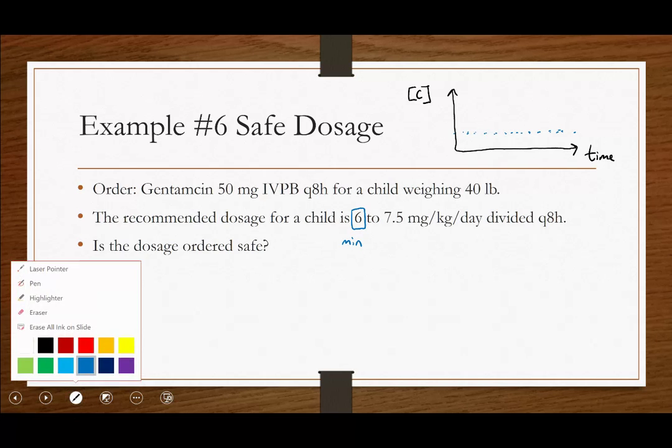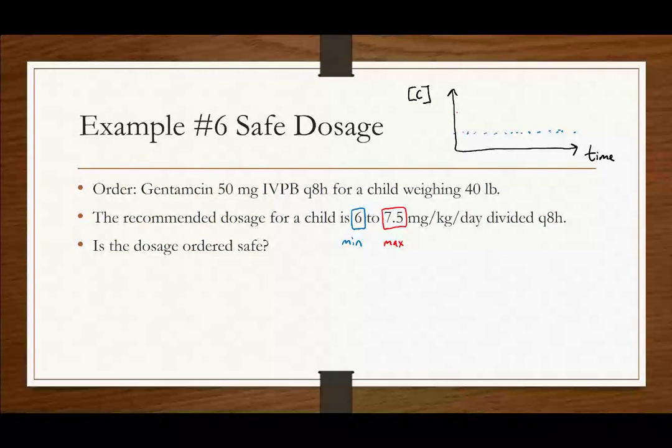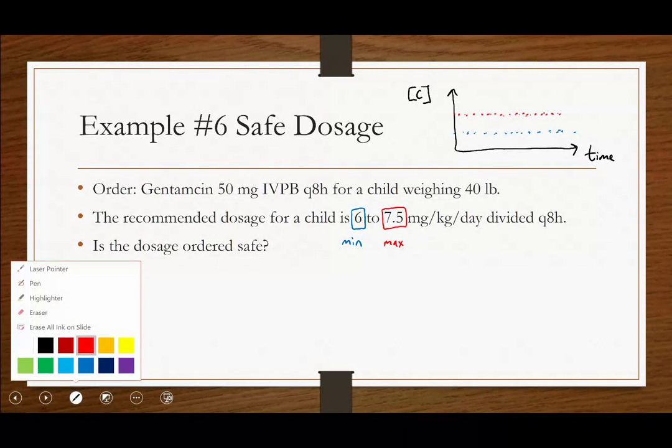Anything below that concentration really has zero effect on the patient. However, we also have the opposite, where we have a limit as to how much we want to include before there's some toxicity problems or something of that nature. So the other bar here that we might show is the maximum concentration level. We don't want to go beyond this. The space between there is what we would call the therapeutic window.